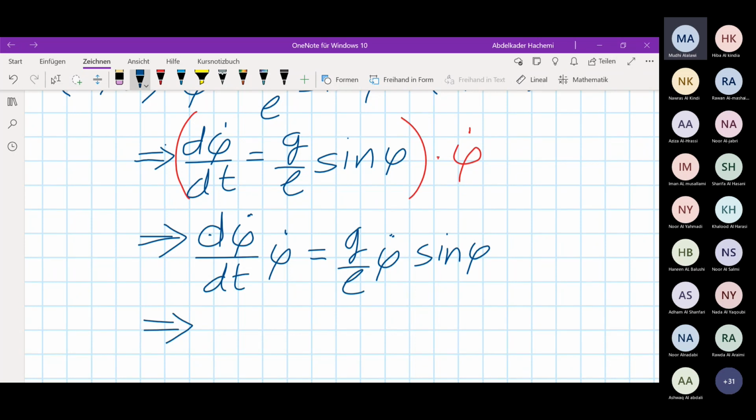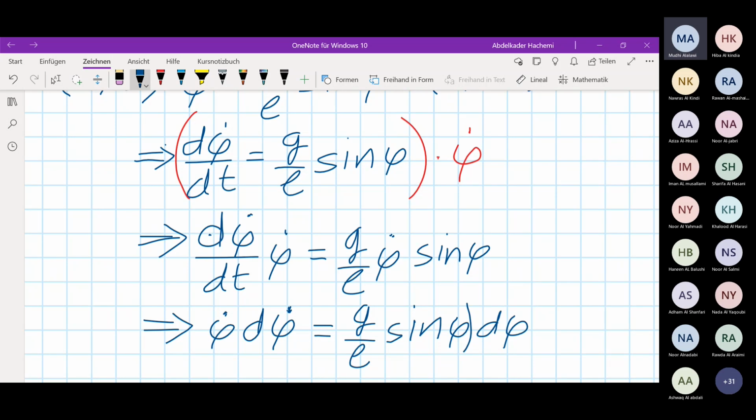Then if we look here now, we have phi dot d phi dot equal to g divided by L sine phi d phi.